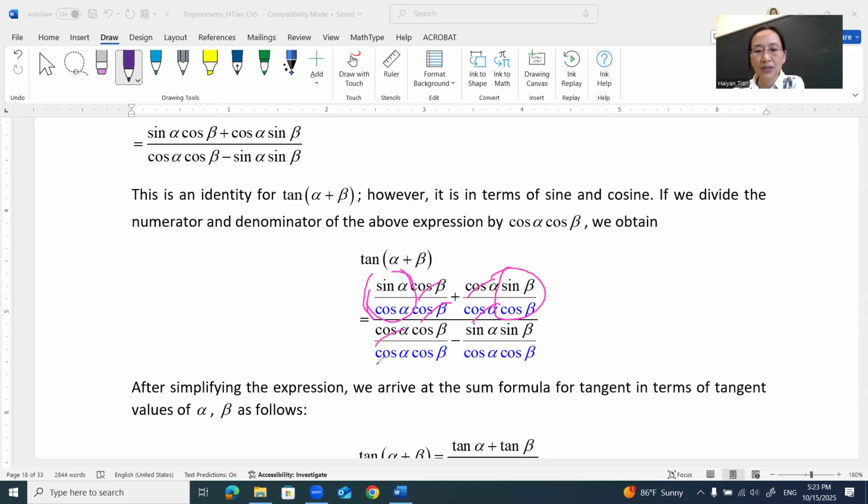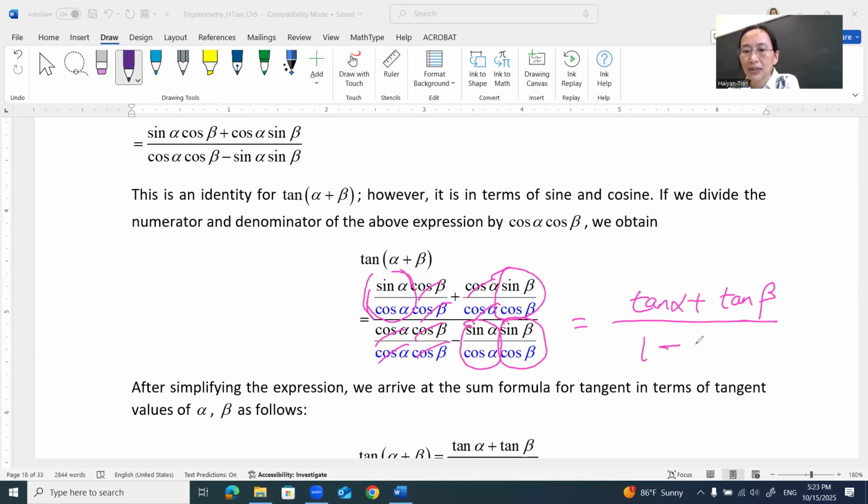And then we cancel common factors, right? This becomes 1. So it's basically tangent alpha plus tangent beta over 1 minus, and this is a tangent alpha times tangent beta.